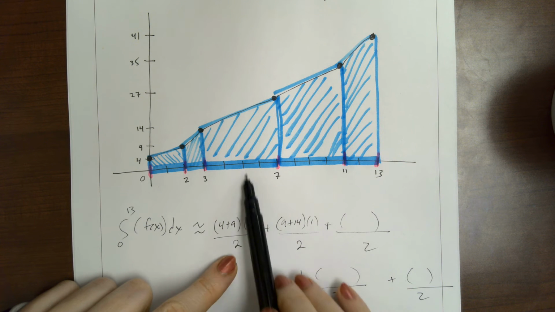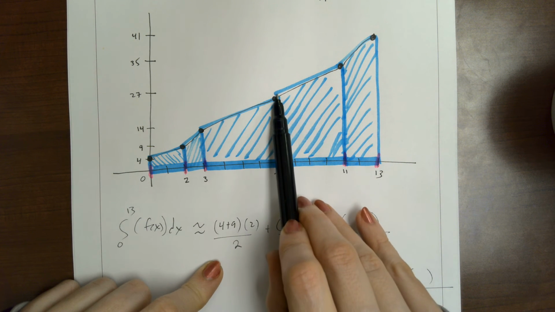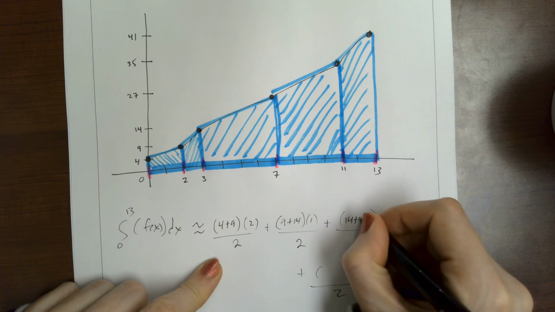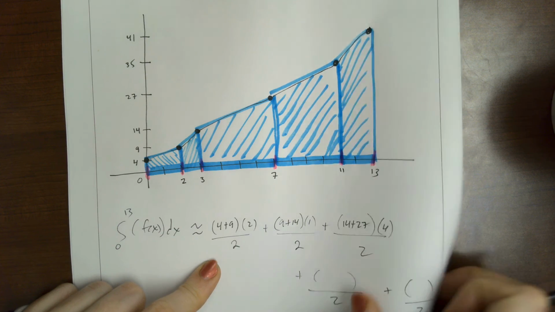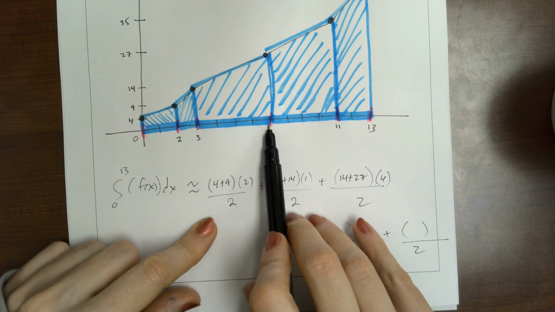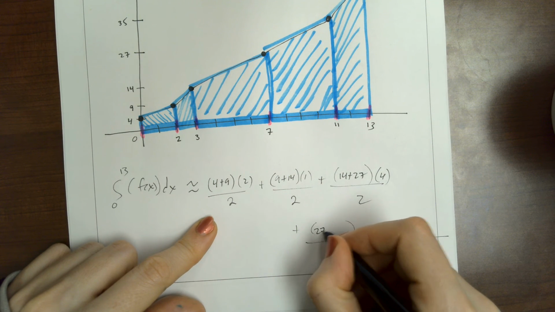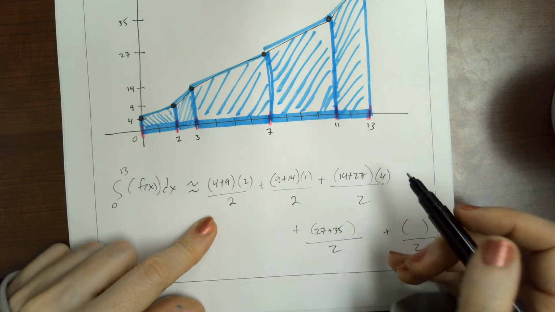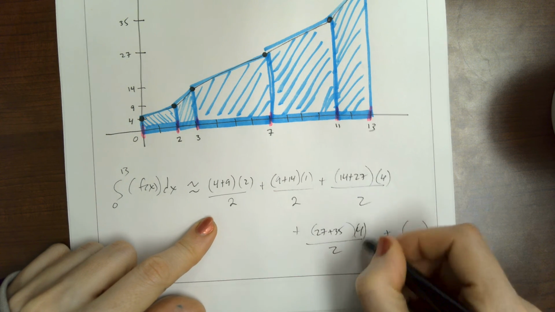Okay, the third one, 14, 27, and then the height is 4. And then this one, 27 and 35. And then the height, again, is 4.